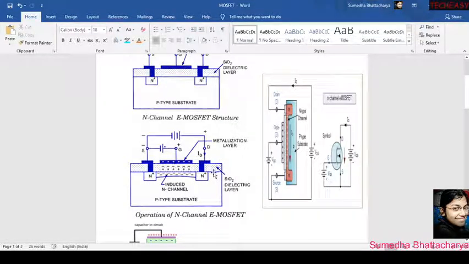So when VDS is increased, the reverse bias will increase more in this region. Why? Because when we increase the value of VDS, in this region the N wall will be at higher potential and the P-type will be at lower potential, right? So there will be more reverse biasing, and the depletion region will increase.